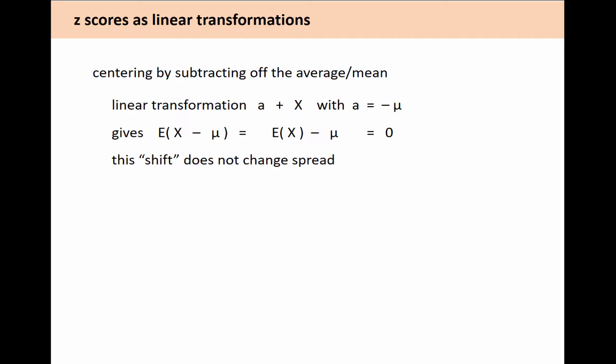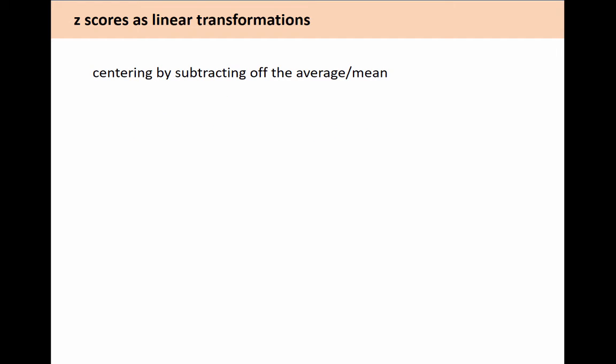And so what this gives is the expected value of x minus mu equals the expected value of x minus mu without the expectation sign, because the expected value of a constant is just equal to that constant itself. And then putting all the notation together, E of x and mu are two alternate notations for the same thing, so that difference is going to be 0. So when we center a random variable, the new random variable has mean 0.